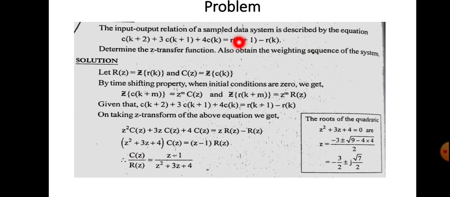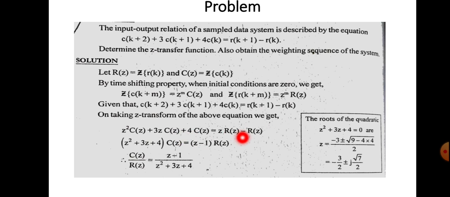So now we write this equation again and find its z transform. The first term gives z square into C of z, the second term gives 3, a constant, and here there is one shift, so z into C of z, plus 4, a constant, into C of z. There is no shift, so we can directly write C of z. That will be equal to z into R of z minus R of z.